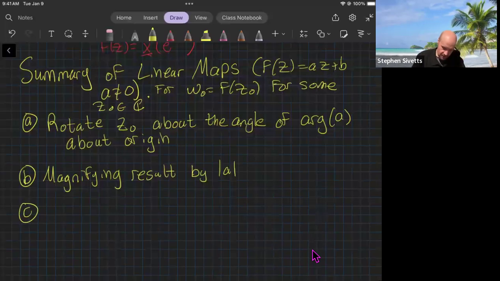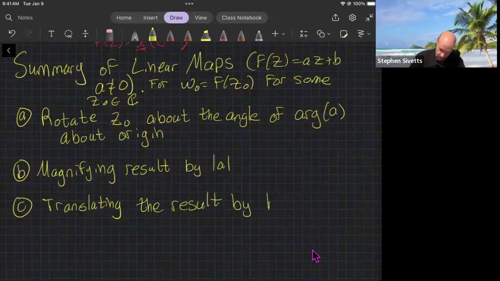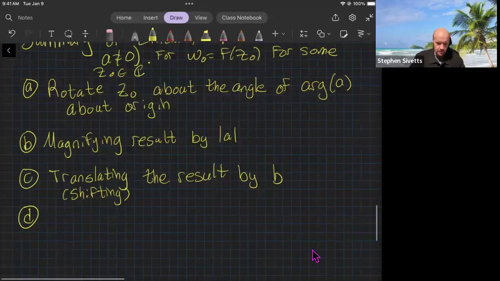Three, to deal with translations, so shifting by a factor of b. Okay. And what's great about linear maps is they always preserve angles.